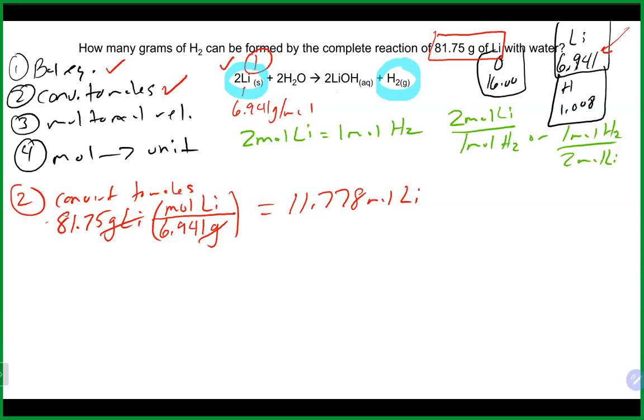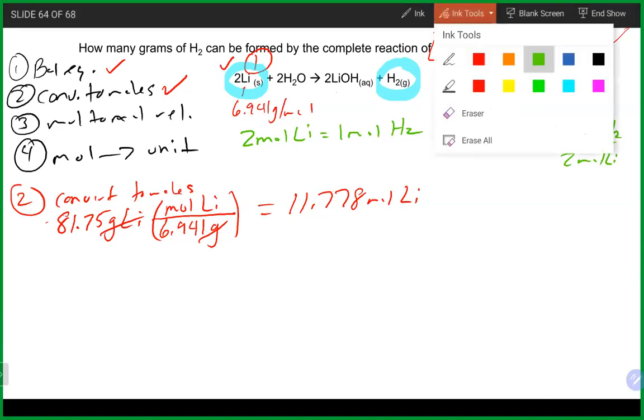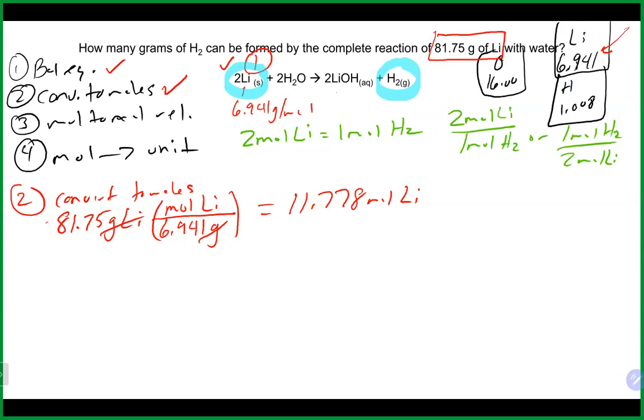Now, in this case, we do want to get rid of lithium. And we do want to end up with H2. So once again, it would be this one here on the right-hand side. That would be needed to do that. So step number 3, I'm just going to actually continue right here. We're going to do that step. That is going to take 2 moles of lithium from the balance equation.